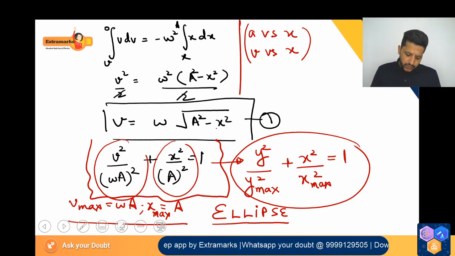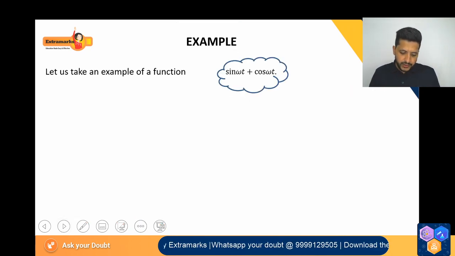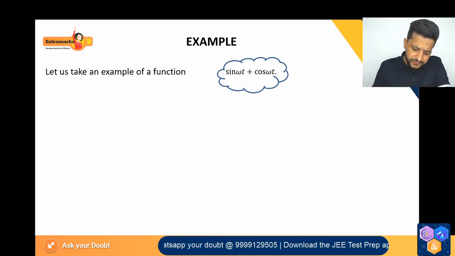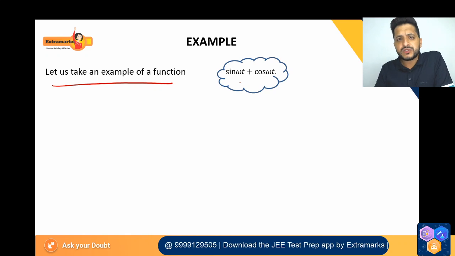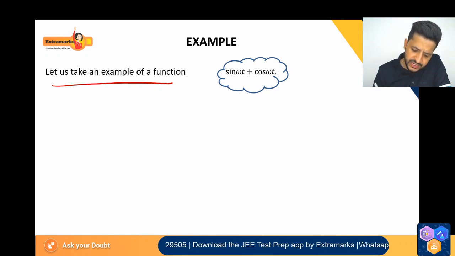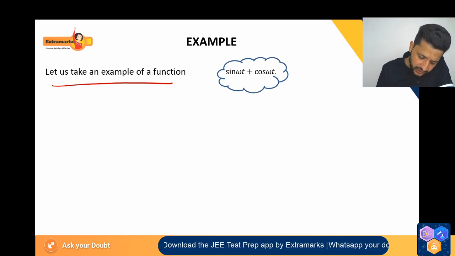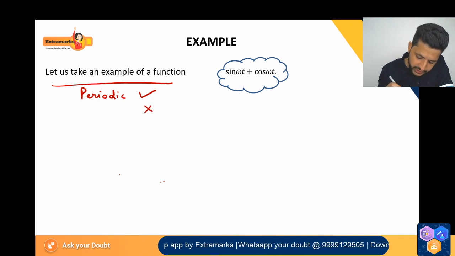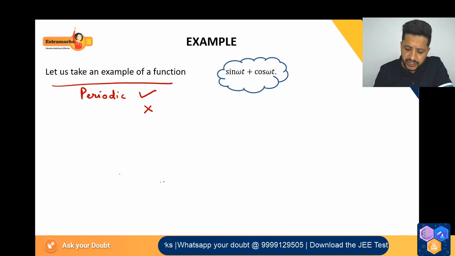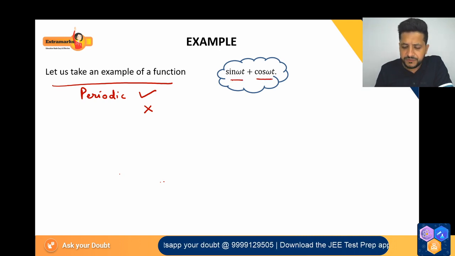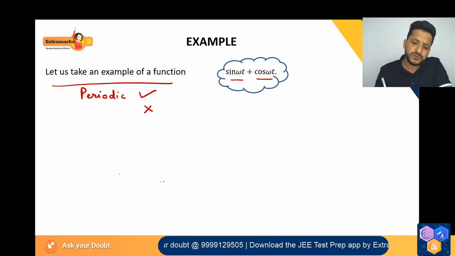Fine. So let's take some examples, some questions. The first question is sin omega t plus cos omega t. This is an example of a function, and we have to say whether it is periodic or whether it is not. Fine. We know sin omega t is periodic, we know cos omega t is periodic, but is the summation of these two also periodic?